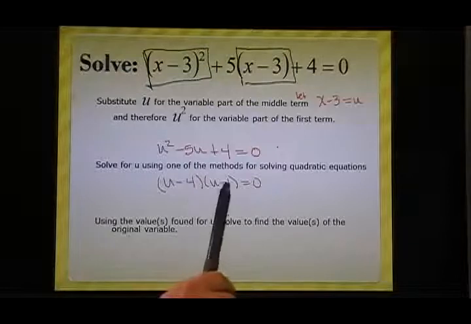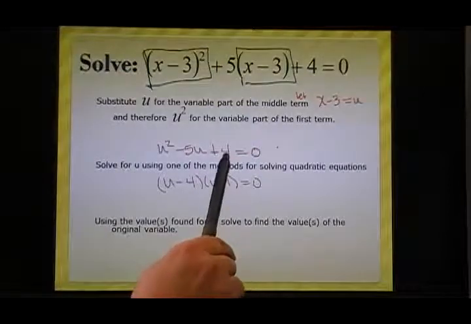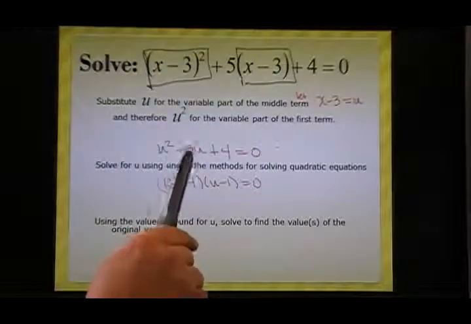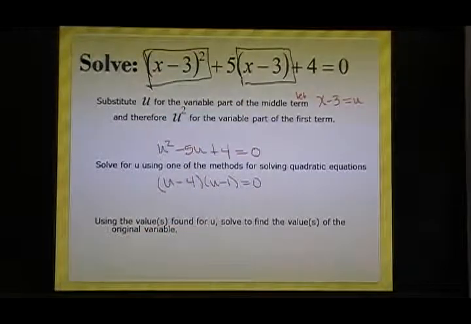My negative 4 times my negative 1 is a positive 4. And my negative 4u minus 1u is negative 5u. So based on the factorization, for this product to equal 0, u must be either 4 or 1.